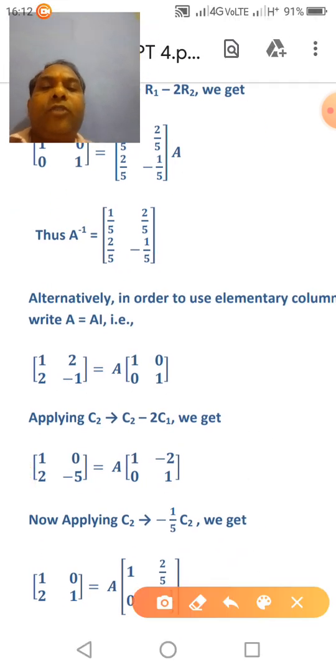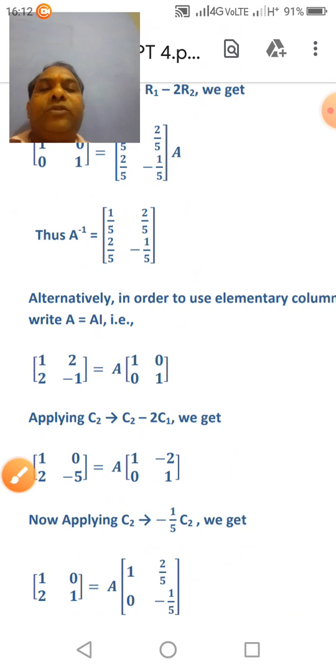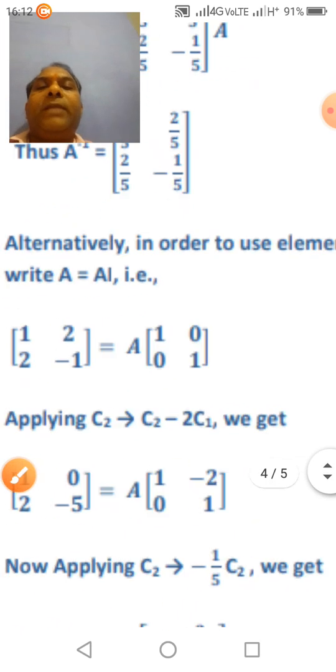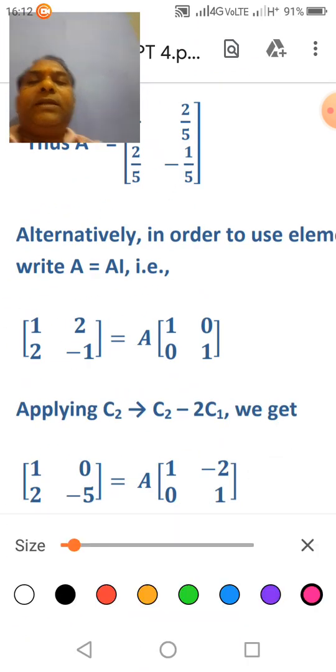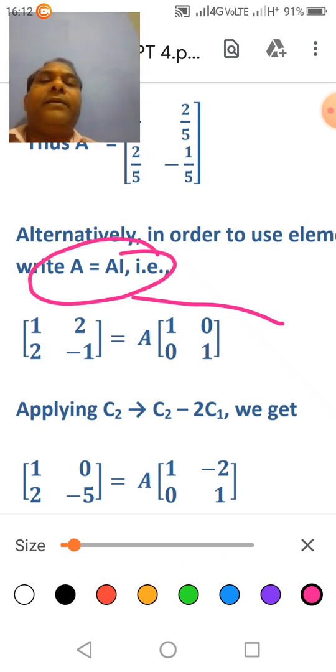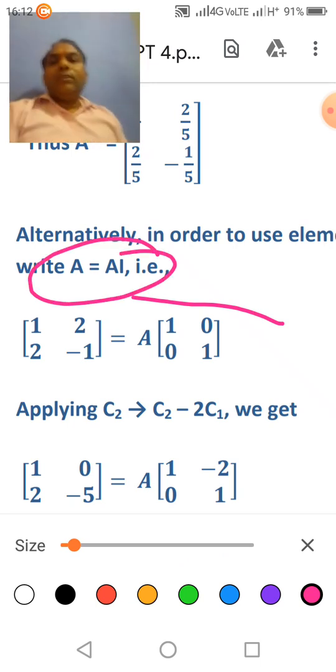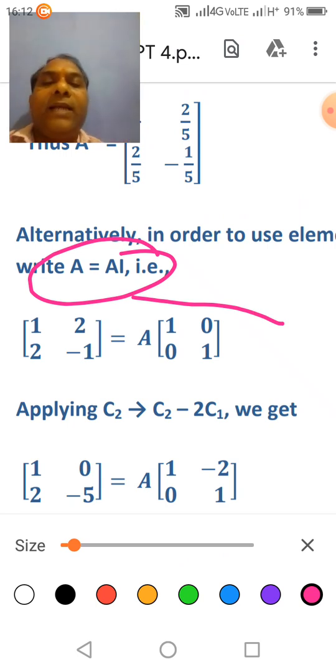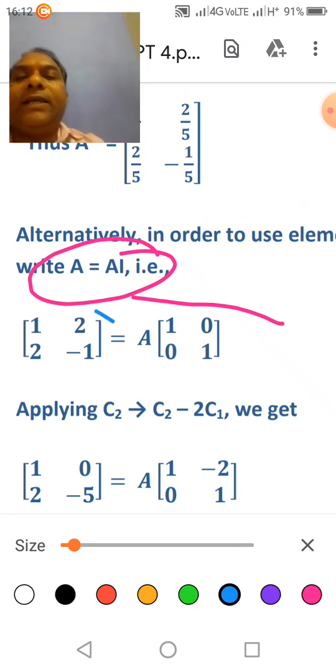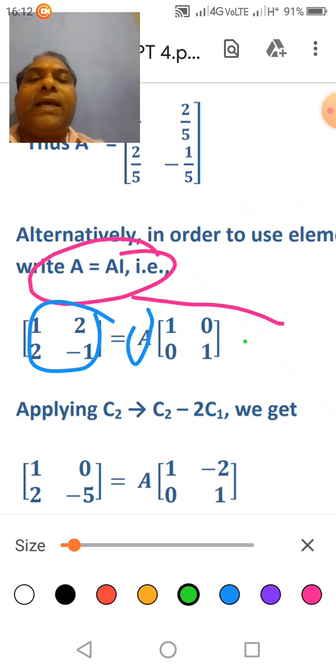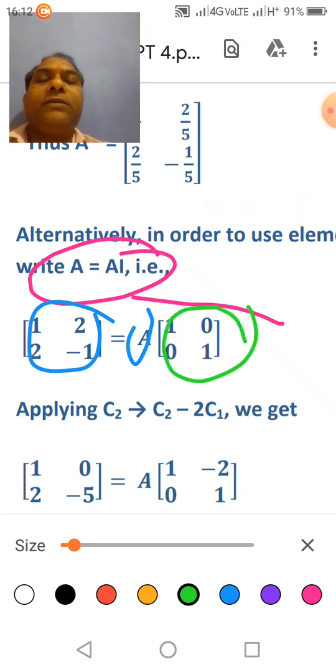Similarly, in case of column elementary operation, suppose we use here column elementary operation, then we have to write here A is equal to AI. Clear? A is equal to AI. In case of column elementary operation we have to write this, and write A as it is in RHS and identity matrix I, 1001. Clear?